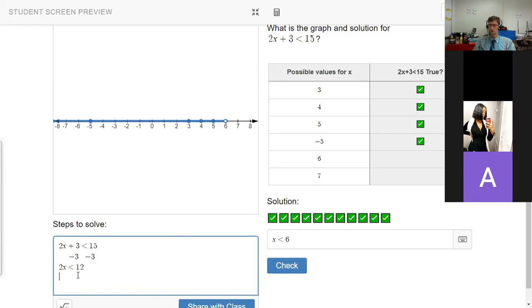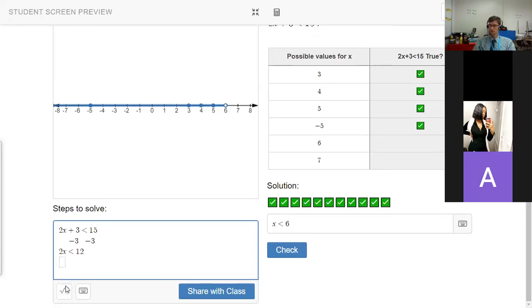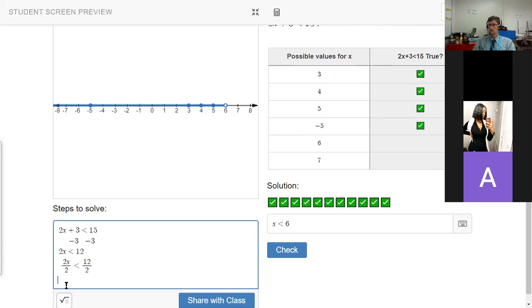No answer. Okay, so we'll go back. You said divide? Divide 2 from each side. 2x divided by 2 is less than 12 divided by 2. This 2 over 2 makes it 1, so we have just a single x. What's 12 divided by 2? 6.